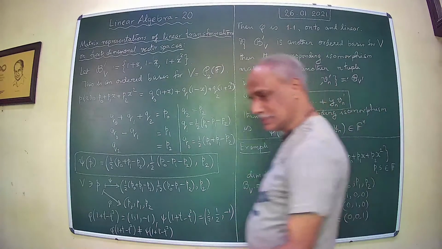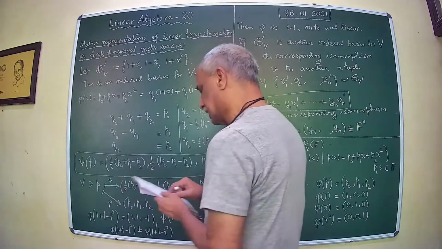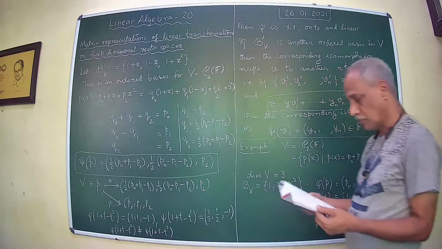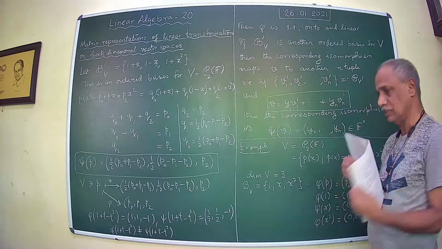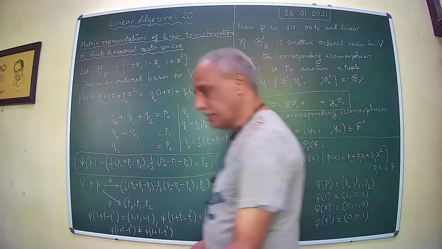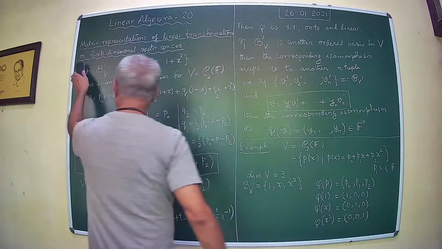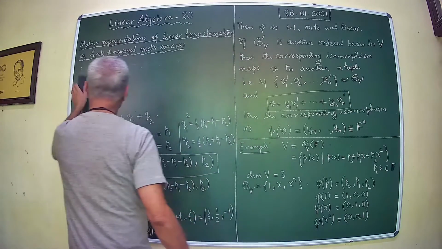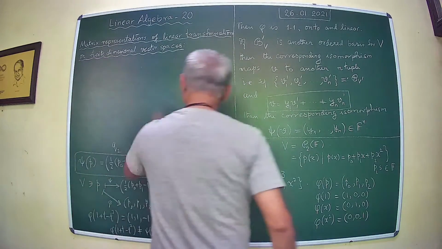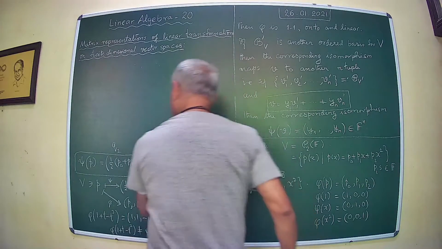Now let us take this discussion further and start looking at what are called linear transformations. So we enter the main area of the subject, the topic of discussion today, the representations of linear transformations.